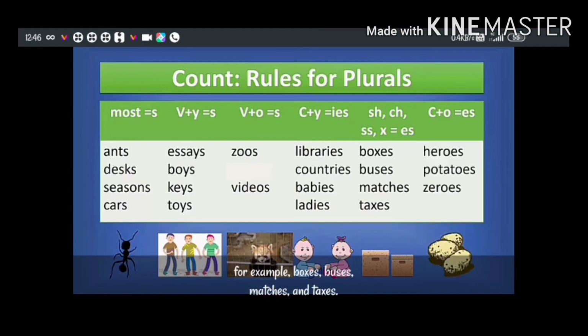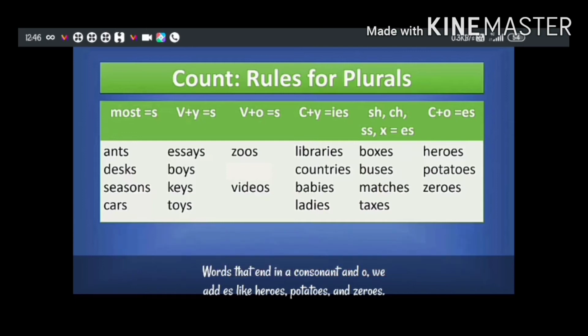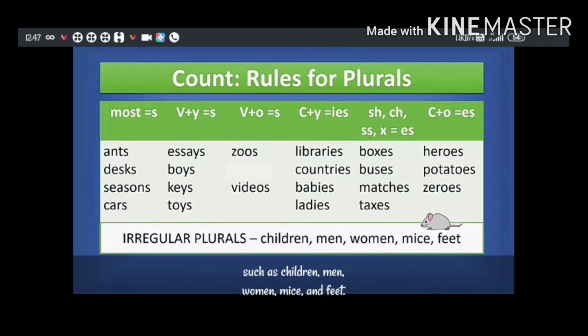Words that end in a consonant and O, we add ES, like heroes, potatoes, and zeros. But there are also irregular plural nouns that do not follow these patterns, such as children, men, women, mice, and feet.